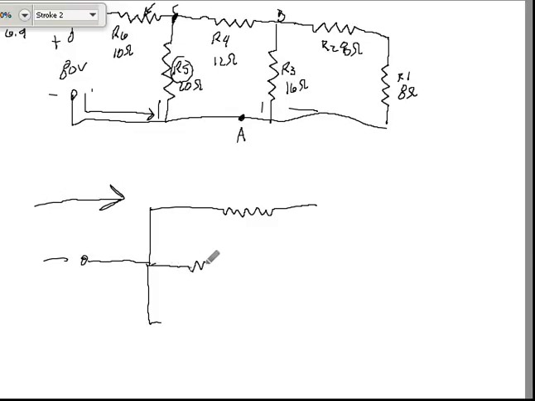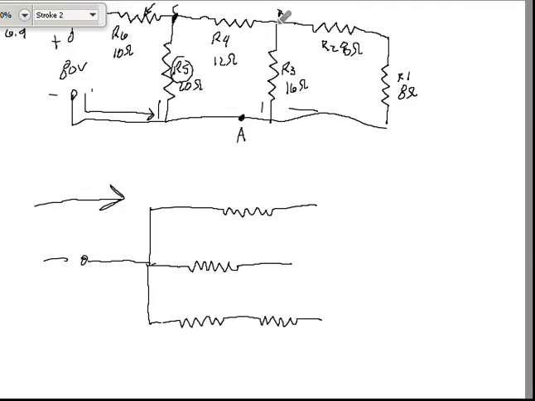So I've got R3 there. And then my third branch shows me R1 in series with R2.